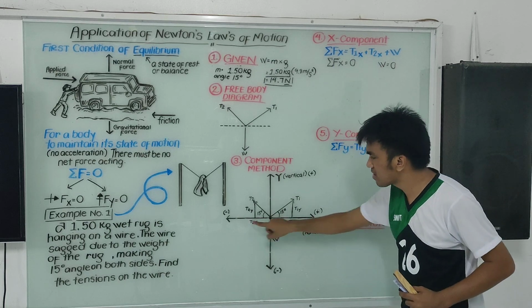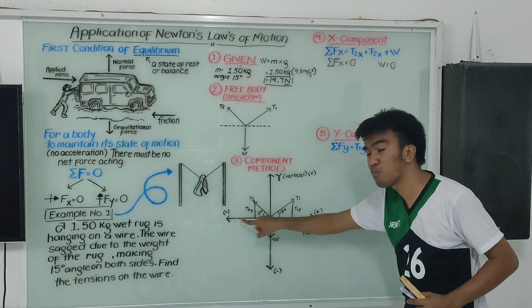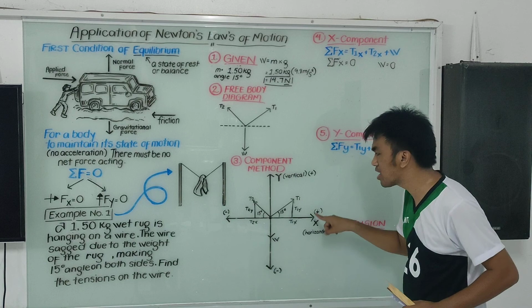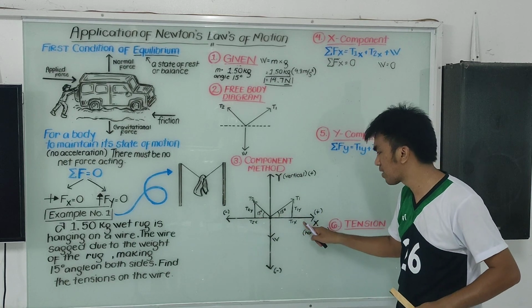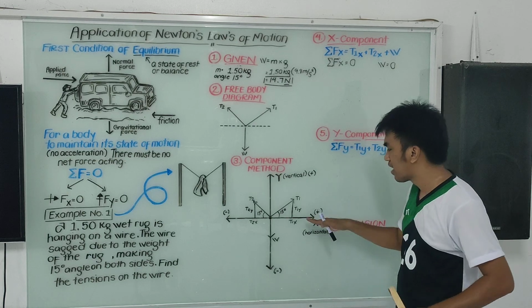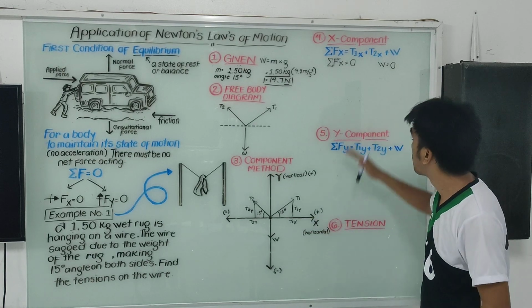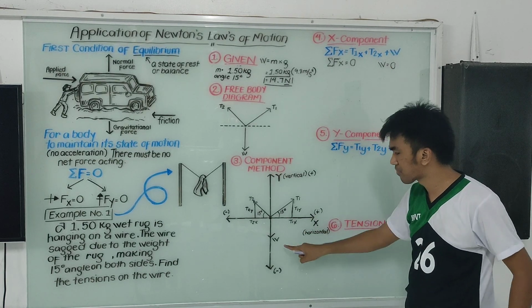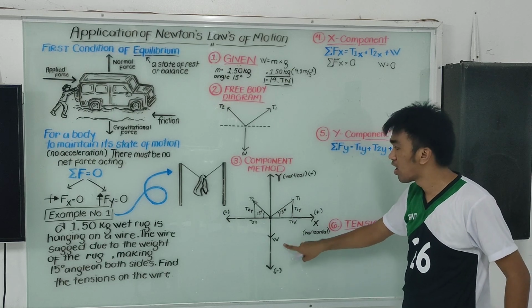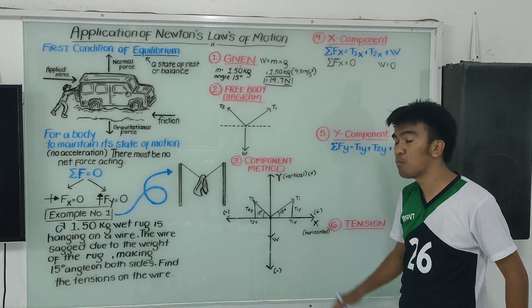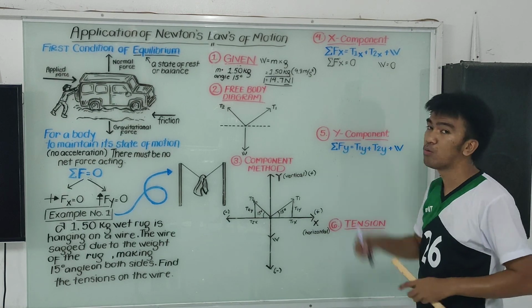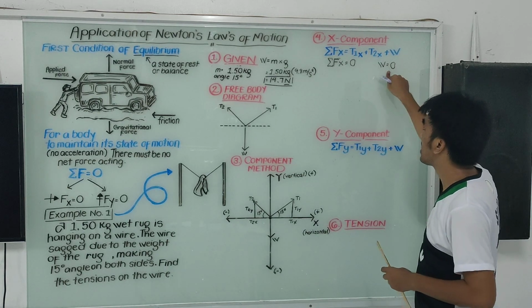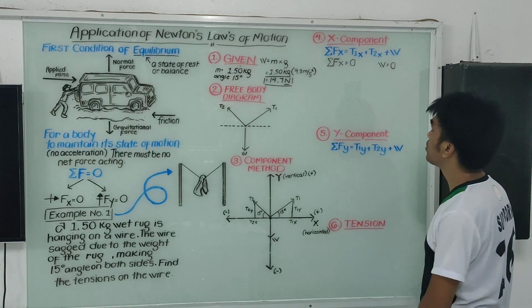Tension 2x is also a horizontal component. So both tensions, T1x and T2x, are horizontal components on the x-axis, but weight here is a vertical component. So weight is 0 in this equation since weight is not an x component.